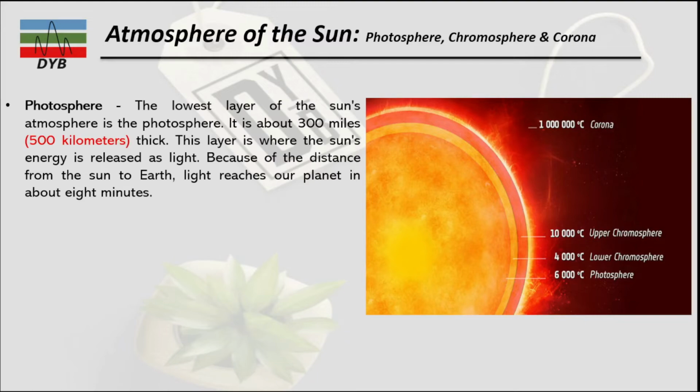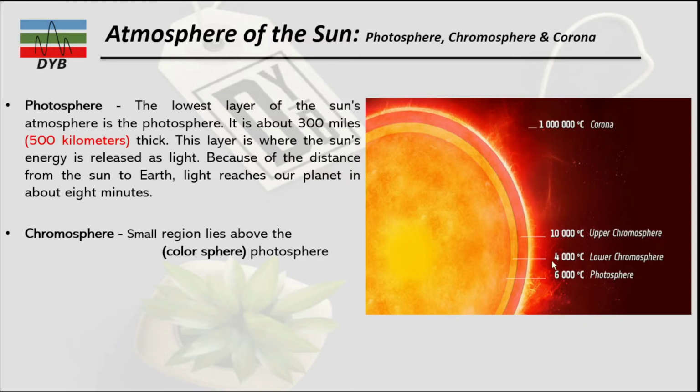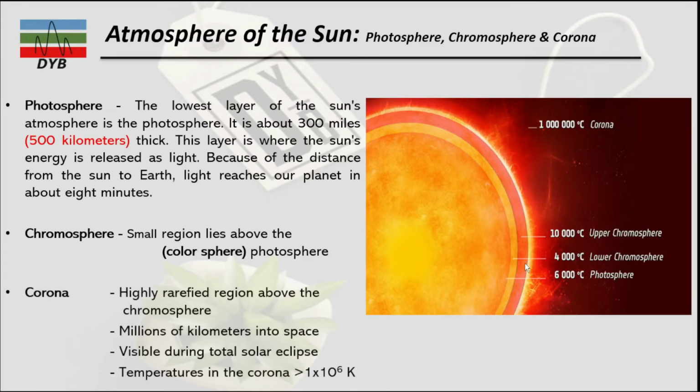Because of the distance from the sun to Earth, the light takes about 8 minutes to reach our planet. So actually the light is produced over here. And the second layer of the atmosphere is the chromosphere. The chromosphere is divided into two, the lower and upper chromosphere.